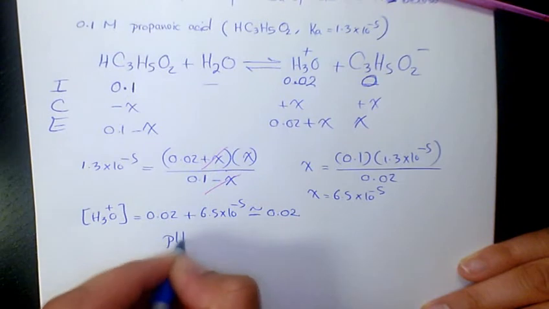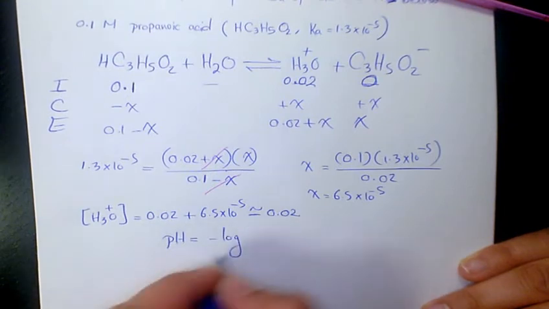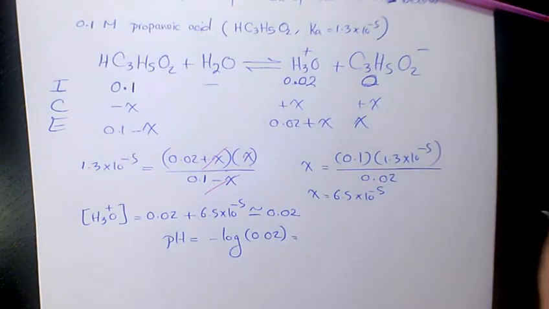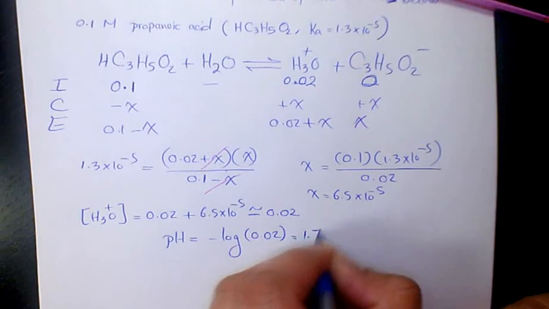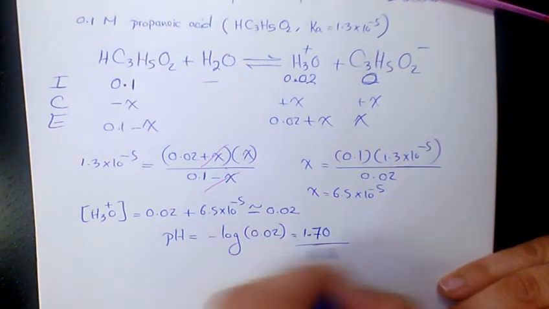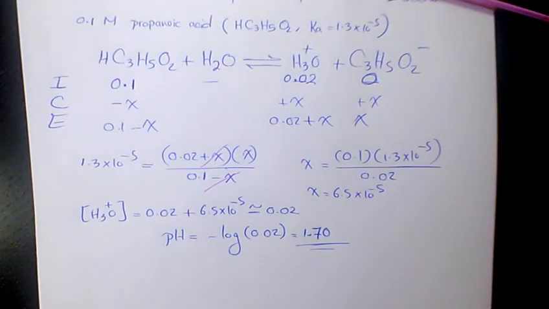So pH will be negative log 0.02. That will be 1.7 or 1.70. That's the pH of this solution.